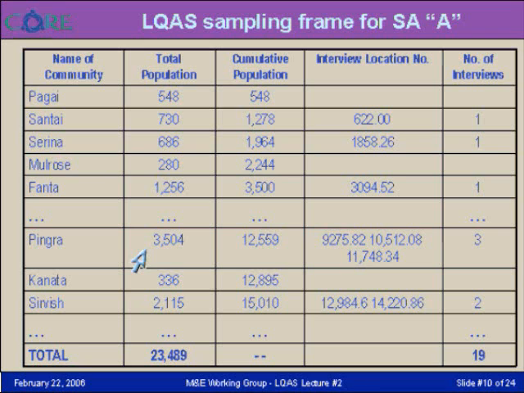There are 3 location numbers: 9,278, 10,512, and 11,748 that fall within the cumulative population of 12,559. For this particular reason, Pingra will have 3 interviews to conduct.